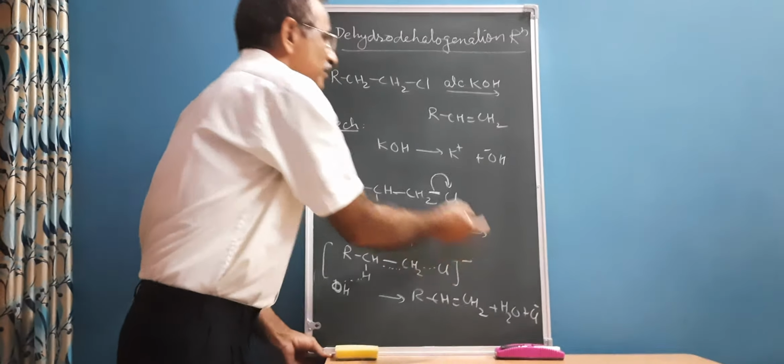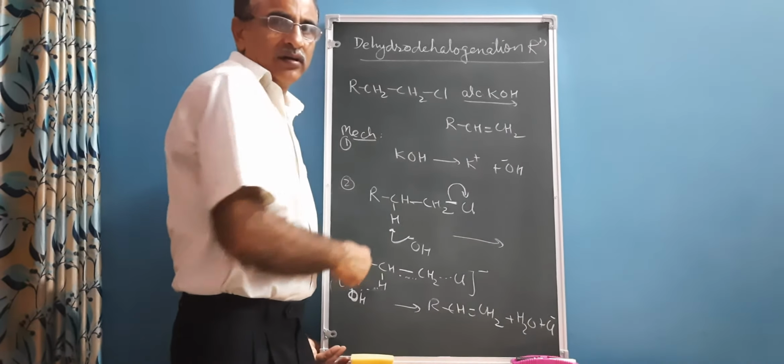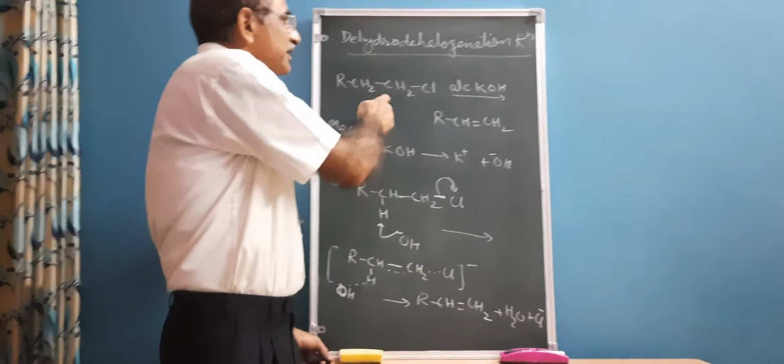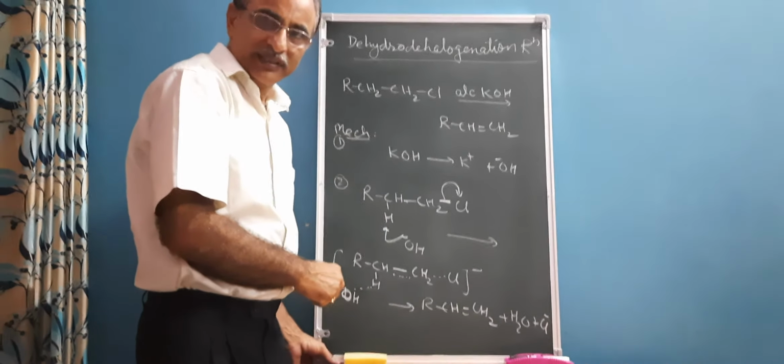The Cl minus will combine with potassium to form potassium chloride. This is how dehydrohalogenation reaction takes place.